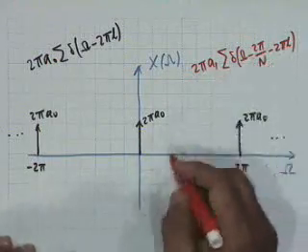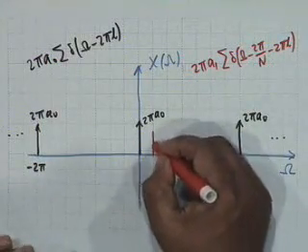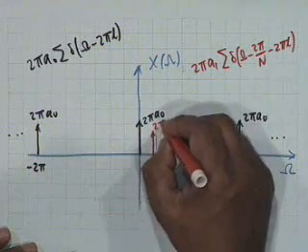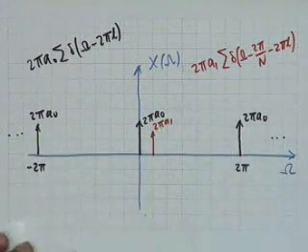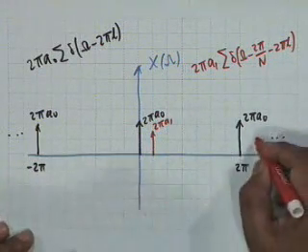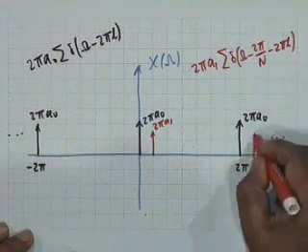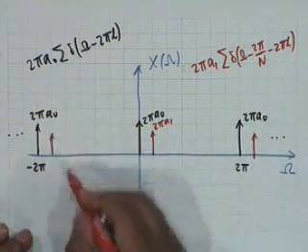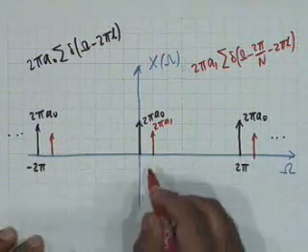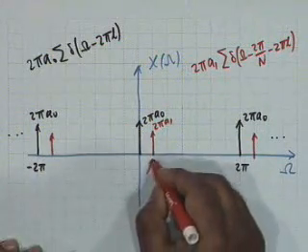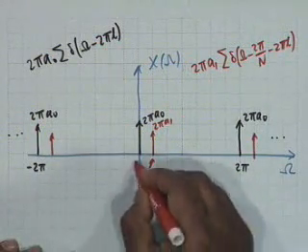So let me draw this. Let's say this is 2 pi a1, all red colored arrows are of strength 2 pi a1, then I have one here, I have one here, and so on. This repeats. This difference, well, this is 2 pi by n, this is 0.